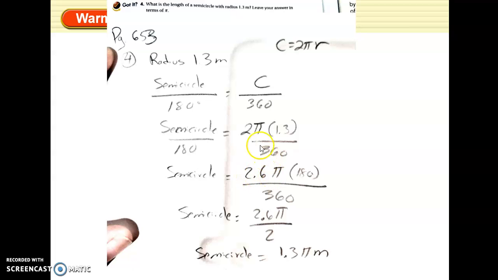We get 2 times 1.3, 2.6 pi, times 180 divided by 360. 180 divided by 360 is 1 half, and 2.6 divided by 2 is 1.3. 1.3 pi meters. At the end, we get the same, right? Divided by 2 because it's the semicircle that is the half. But it's the same situation with all the exercises.